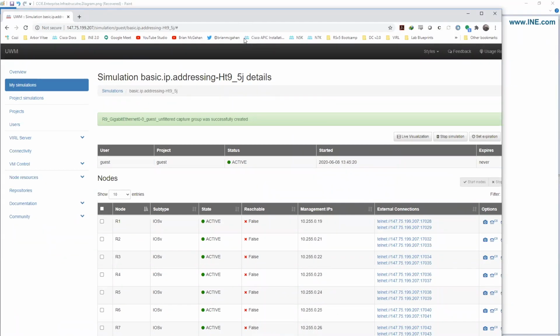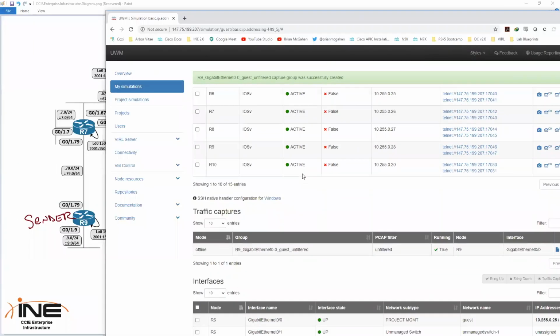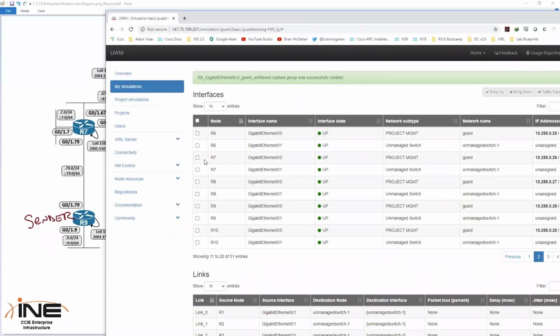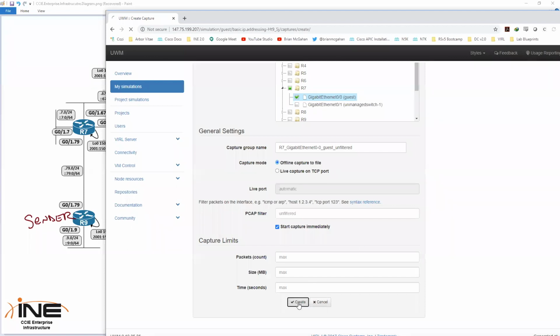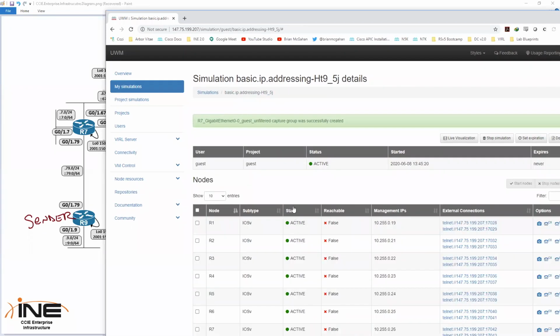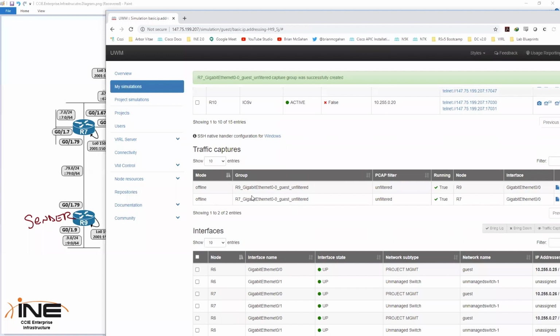Okay, and also we're going to do a traffic capture on router 7's gig 0/0. Okay, so we should have 2 captures running, one for router 7, one for router 9. And we're now going to go to router 9 and we're going to ping to a multicast destination.